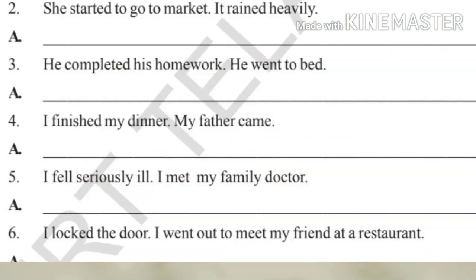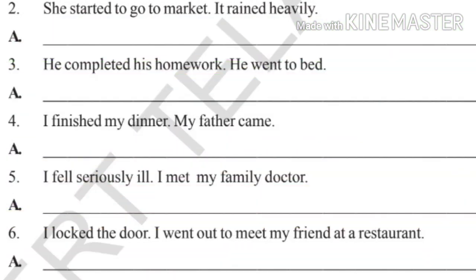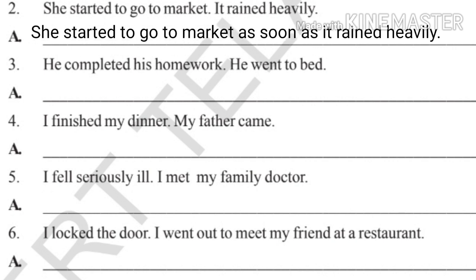Next exercise. She started to go to market. It rained heavily. If we feel these two actions occur simultaneously, we can write the sentence using as soon as. For example, she started to go to market as soon as it rained heavily.